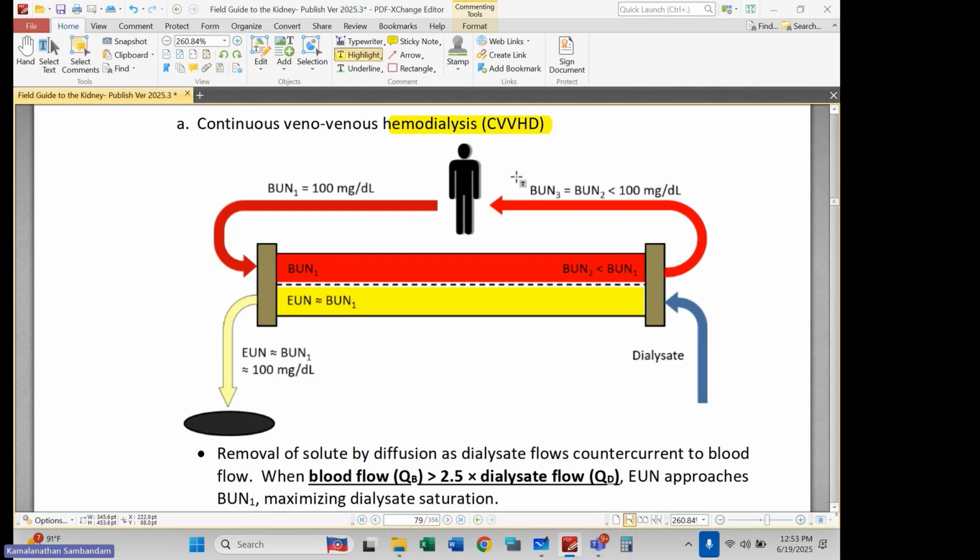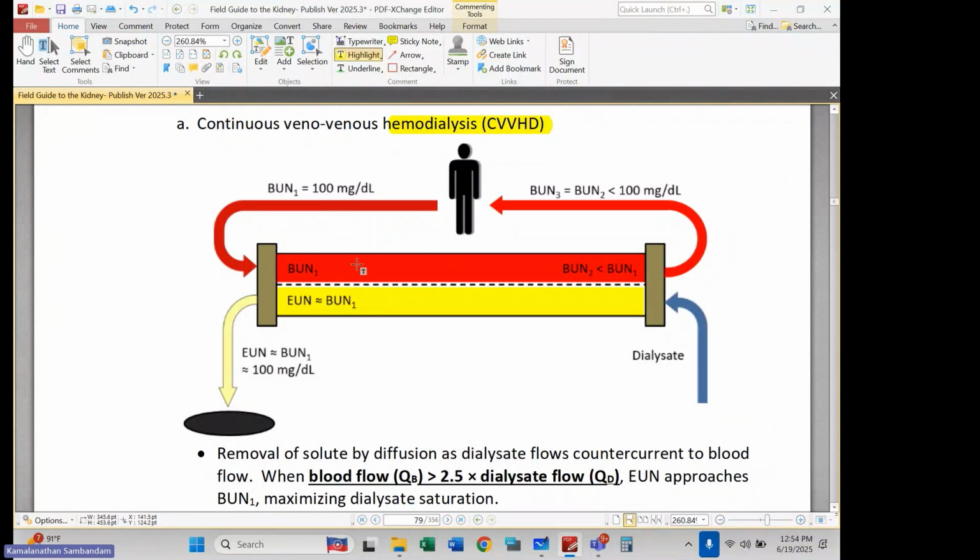So you can say that in essence, I have infinite blood flow, and as soon as urea moves into the dialysate, as soon as the concentration modestly drops by urea moving into the dialysate, it's quickly replenished by new blood with a urea concentration of 100.